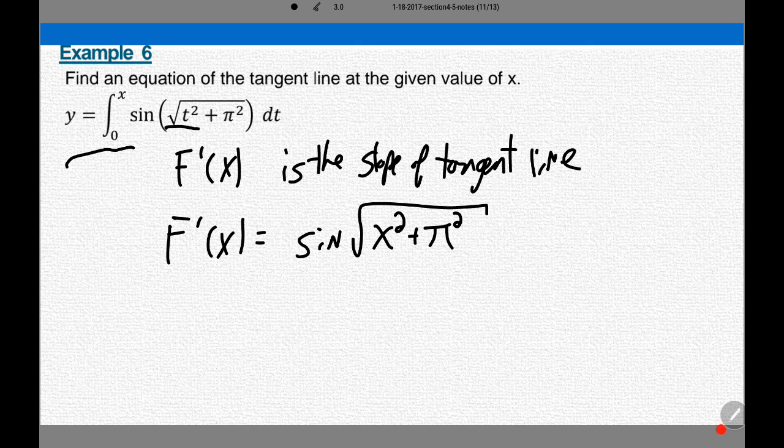That means the slope of the tangent line is going to be, and I forgot my value of x here, it should be x equals 0. I didn't type that in for some reason. So we're going to figure that out when x is equal to 0. That will be the slope of our tangent line.